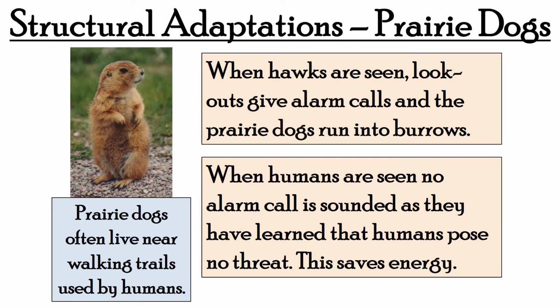And then the prairie dogs, they give alarm calls, but they've also learned this. If they've got humans nearby, they came to realise that the humans didn't cause them any harm, so they didn't waste energy by all dashing into their burrows, so that saved energy.